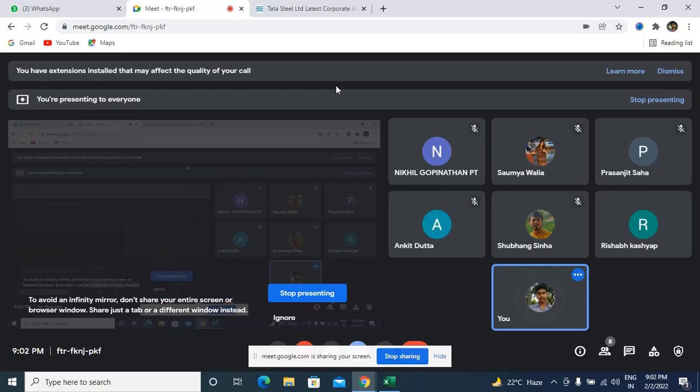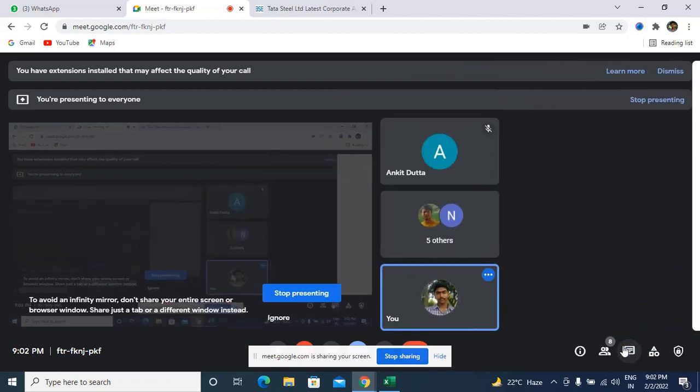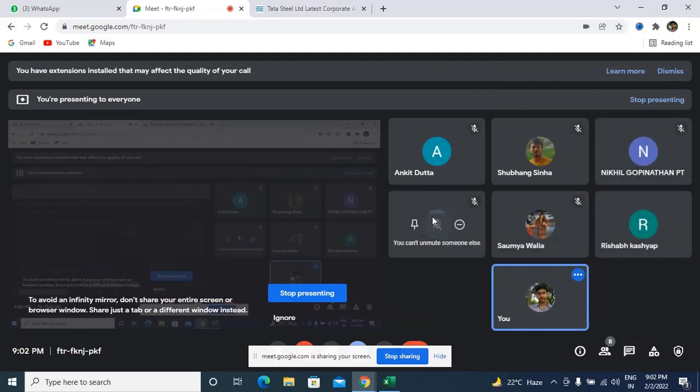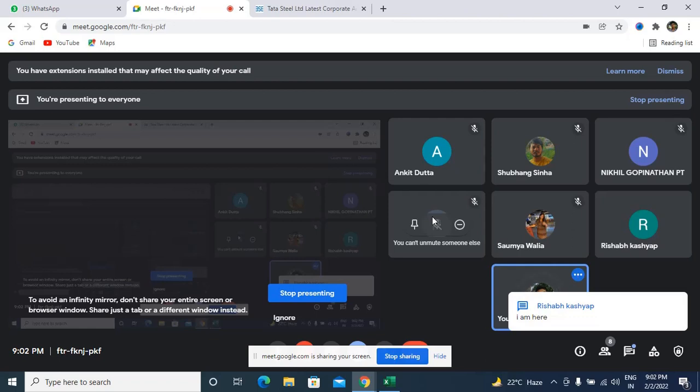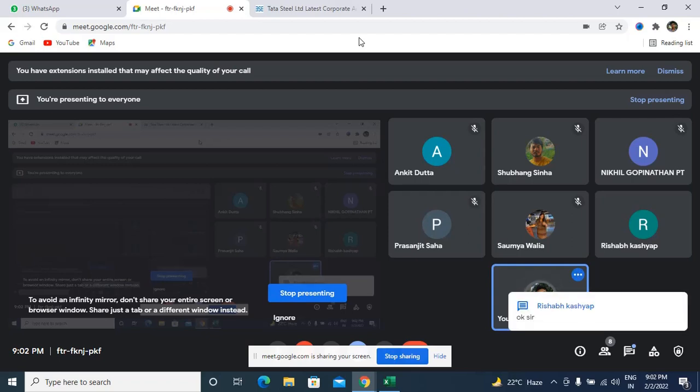Rishabh, you are not audible, but yeah, you work on this company, JSPL, Jindal Steel and Power. Rishabh, you are not actually audible, but it's fine. You work on Jindal Steel and Power for the volume data. For the volume part, you work on JSPL.